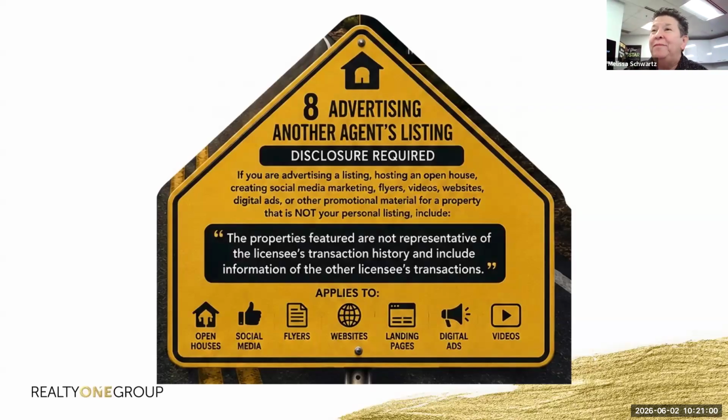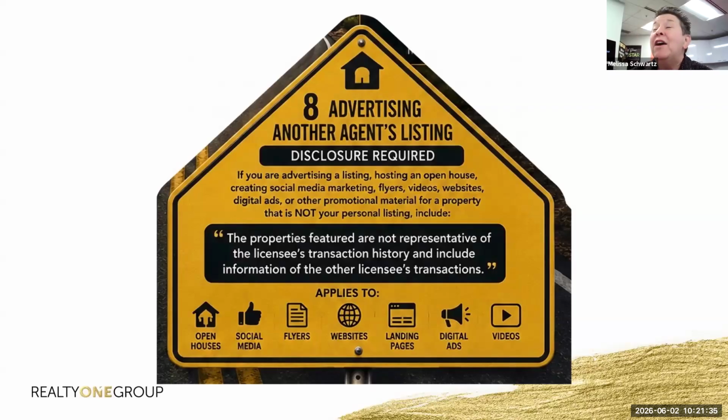We can advertise that. Well, what was happening was, let's say somebody's never sold a home in Paradise Valley. They go in and pull Realty One Group sold listings in Paradise Valley and say just sold, Realty One Group. Aren't I great? Right? No, those were not your sales. And so the point is, the consumer needs to see that these properties featured are not representative of my transactions.